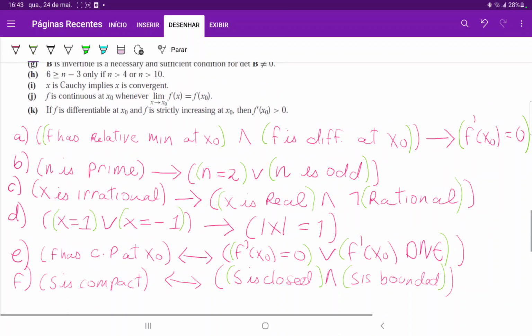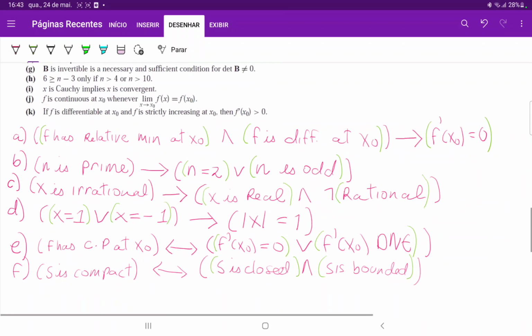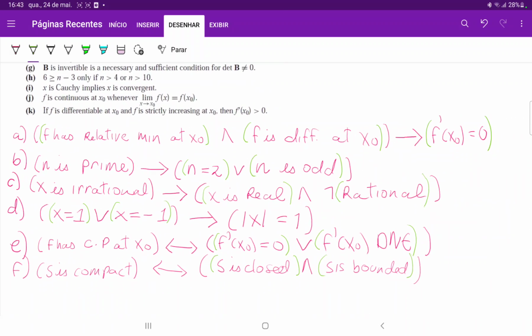So for our G, let me just zoom out so we have enough space. For our G, B is invertible is a necessary and sufficient condition. Whenever we have necessary and sufficient, it's a different way of saying if and only if, right?